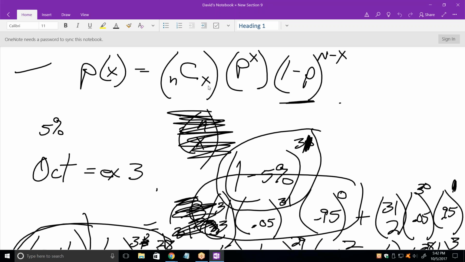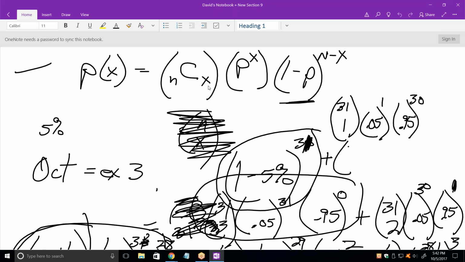Okay, well, so this is going to be 31 choose 1, times 0.05 to the 1 times 0.95 to the 30, plus probability of 0, correct? Mm-hmm. We have to cover 0 and 1.